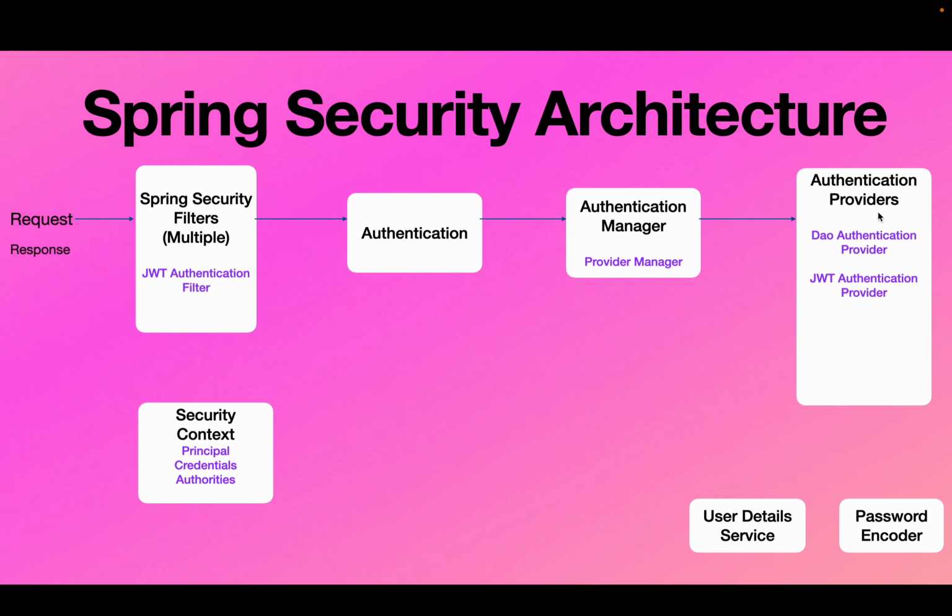What you need to understand at this point is, I can have multiple authentication providers in my single web application. I can authenticate one of my endpoints using JWT. I can authenticate one of my endpoints using the DAO authentication provider. I can use OAuth for one of my endpoints. So I can have any number of authentication providers in my single web application.